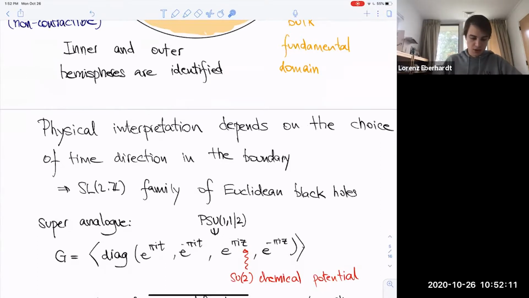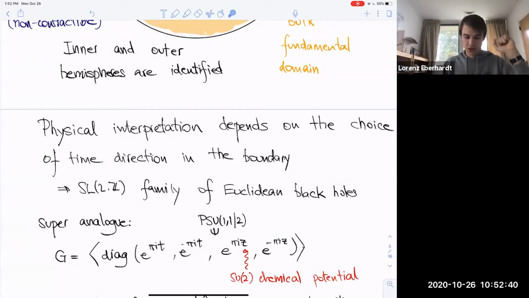So yeah, just a quick reminder, we're actually talking about a supersymmetric analog. So what we will actually talk about is not a subgroup of PSL2C, but a supergroup, which is PSU(1,1|2). But you don't have to worry too much about this. This PSU(1,1|2) has a bosonic subgroup, SL2C times an SU2, and this SU2 acts on the 3-sphere that is also in the geometry.